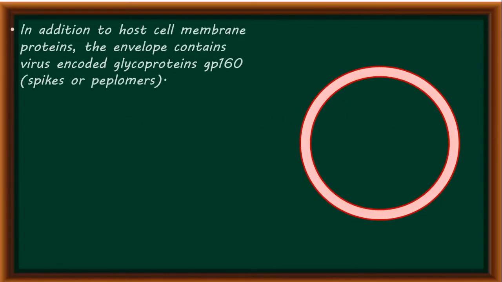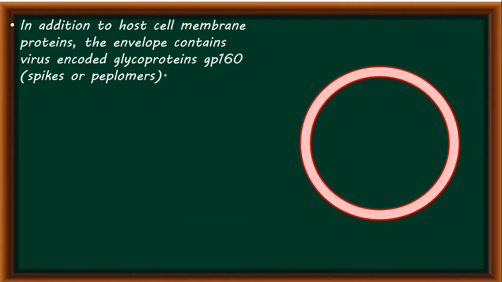It mainly contains the host cell membrane proteins, but in addition to that, it also contains the virus-encoded glycoproteins, that is glycoprotein 160. That means these are the proteins that are coded by the genes present on the virus genetic material. Such virus-coded proteins are called spikes or peplomers.